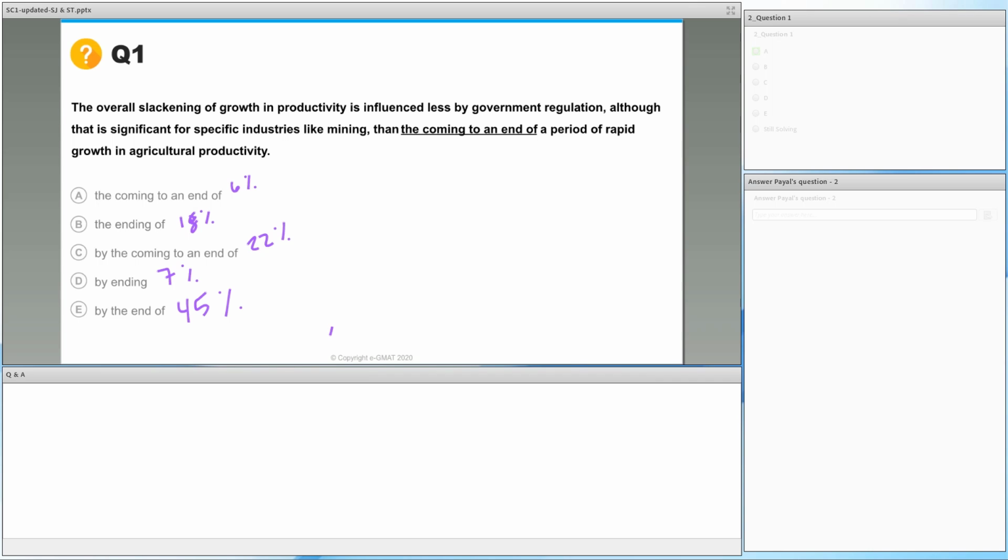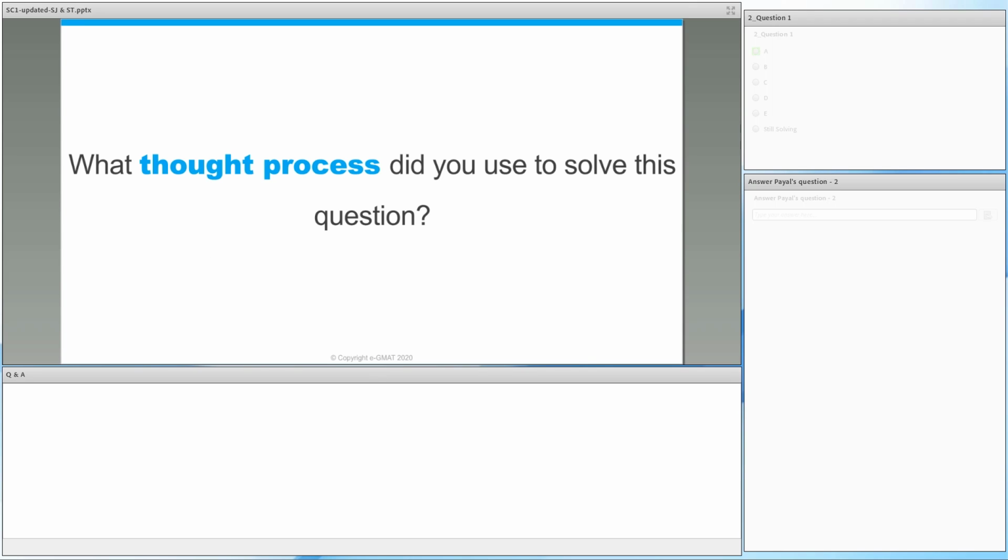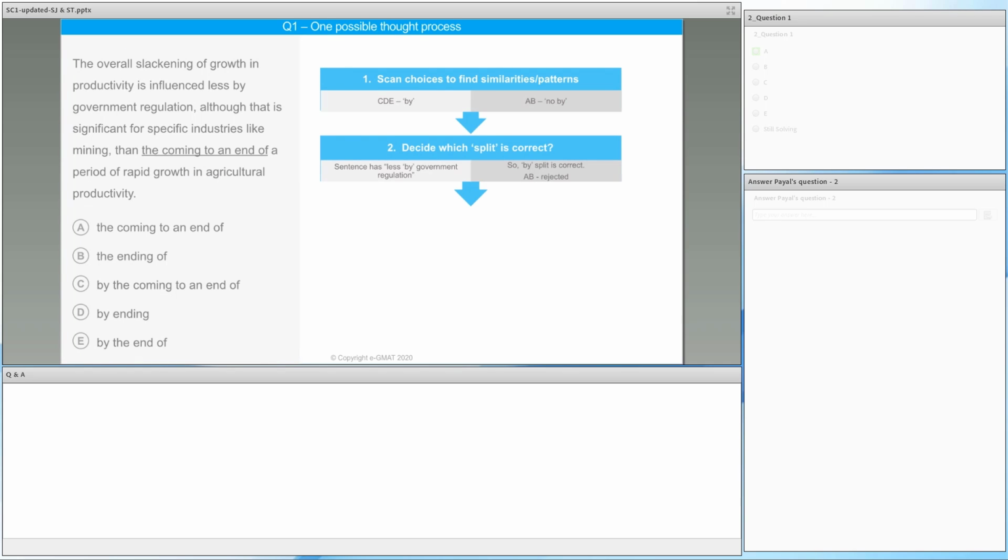I'm going to keep the answer a secret just for a little bit longer because I want to discuss a few things. I want you to think about the thought process you used when solving this question and what your approach was. As an educator, I see lots of students take different approaches to tests. And when we're dealing with GMAT, you have to be very conscientious of how you approach sentence correction, because some of those typical tips and tricks that you may have used in the past are not going to work in this area for you.